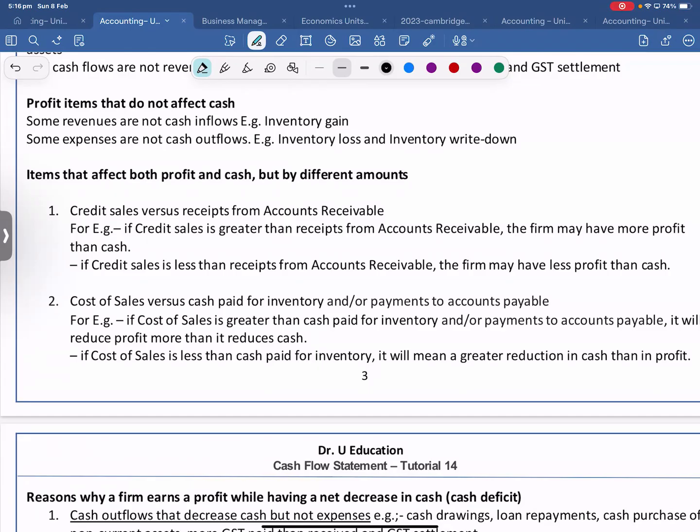GST. Let's say we sold 10,000 worth of goods on credit, but when we collect from accounts receivable, we are collecting it with GST. So that amount itself is different.